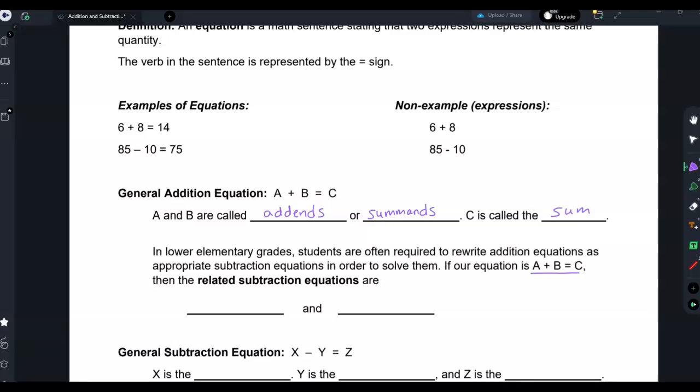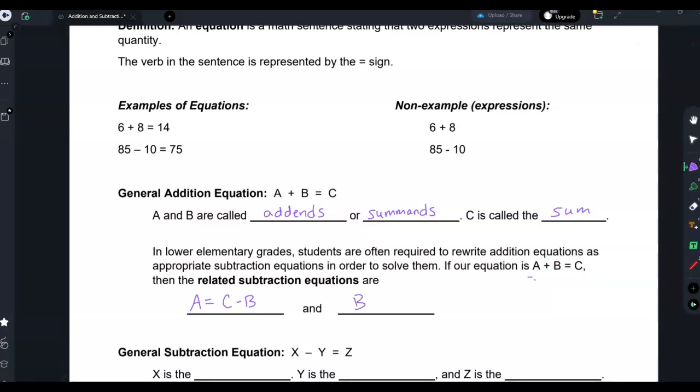So for example, if I wanted to write A equals, the equivalent subtraction would be C minus B, because if we know that we would add B to A in order to get C, then that means we would actually subtract it from C, or you can imagine subtracting both sides of that equation by B in order to get A. And then if we wanted to know what B was, we would do the same thing.